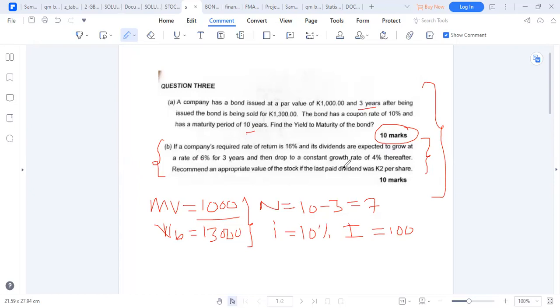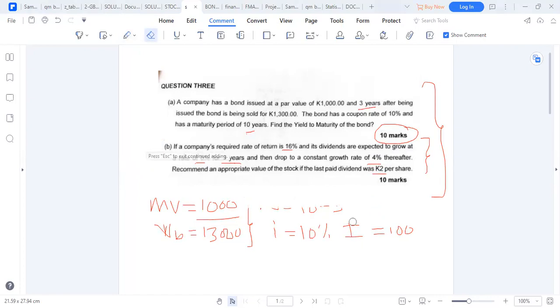So just to give you an idea, the company's required rate of return is 16%. It is expected to grow at 6% for 3 years, then it will drop to 4% thereafter. The dividend last paid was 2 kwacha per share. So what have we been given in here? Identify the parameters.